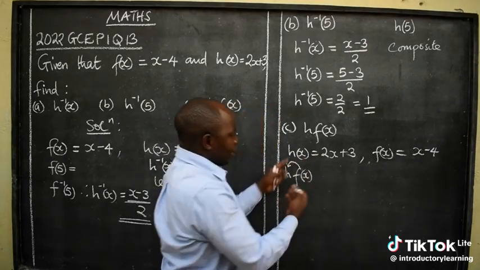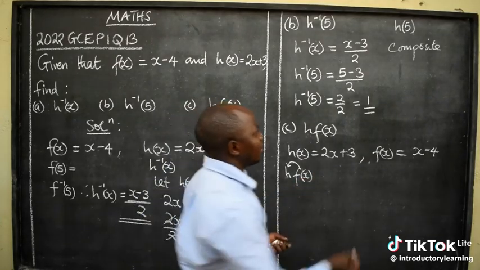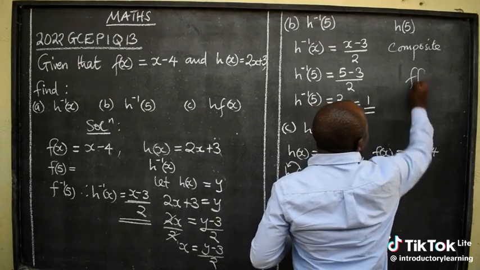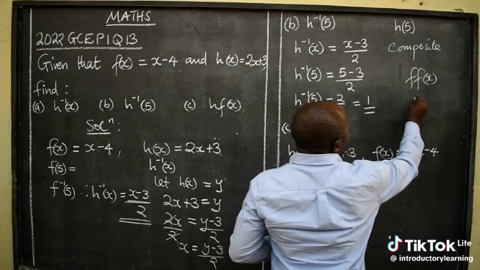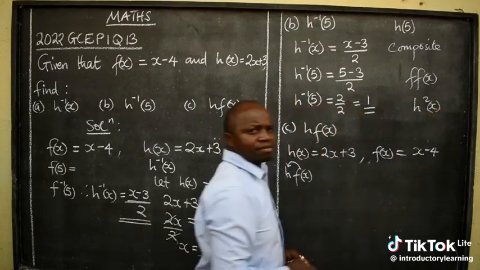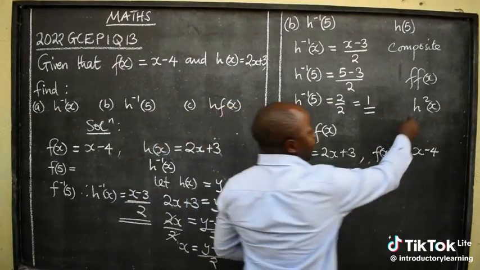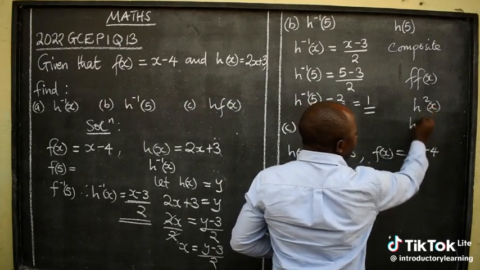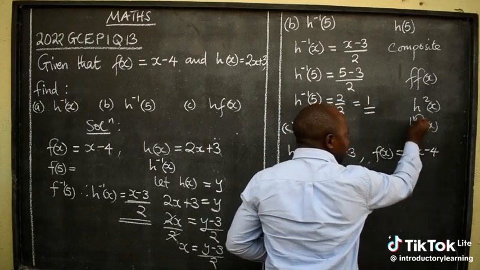There are a lot of ways that you can be given composite functions. Sometimes they can just say you should find m of n of x. Or this. When you're given h squared, it means h of h of x. It means this must go in here.